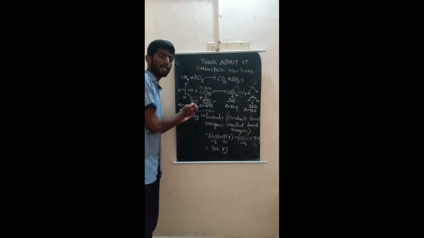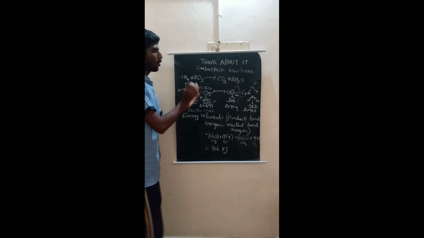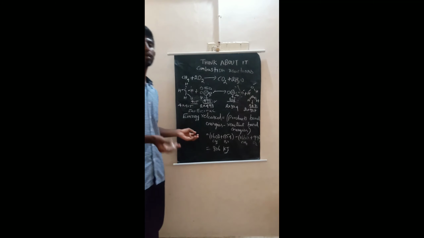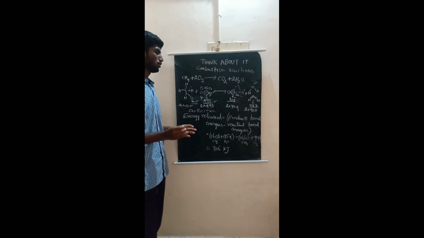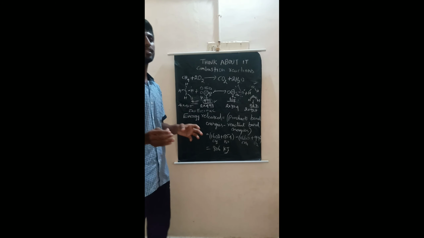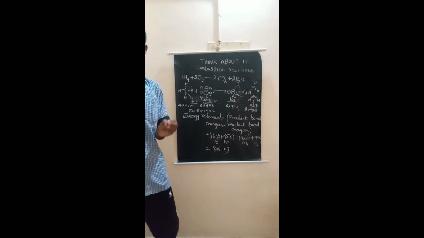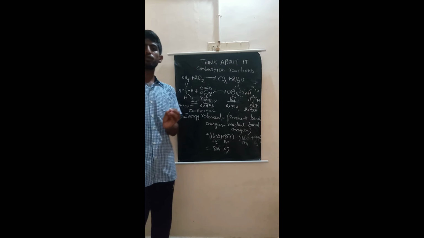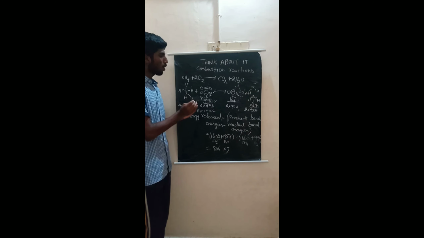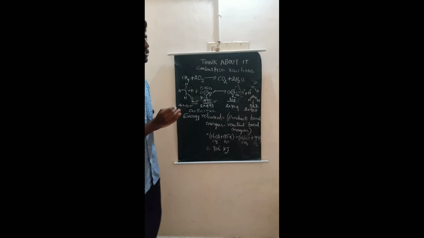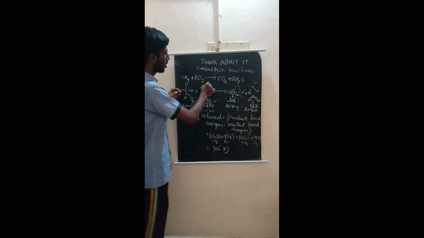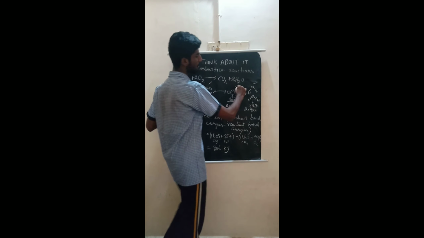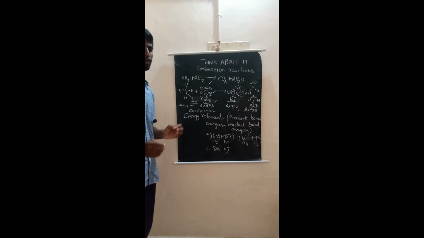So compared to the reactant side, in the product side the oxygen is bonded more strongly. So we simply say that the energy released from combustion reactions is due to the stronger bonding of oxygen in carbon dioxide and water than in O2.